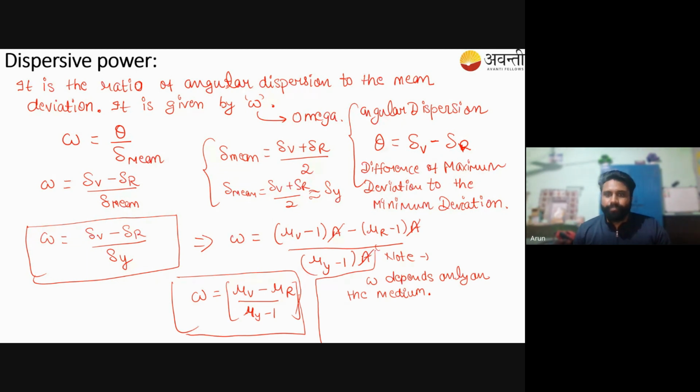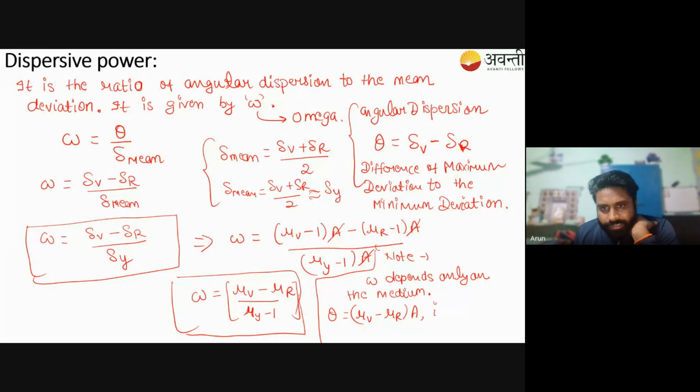But if you see this theta, which is del v minus del r, and if you put the value of mu v minus 1 into a and mu r minus 1 into a, you will have mu v minus mu r into a.